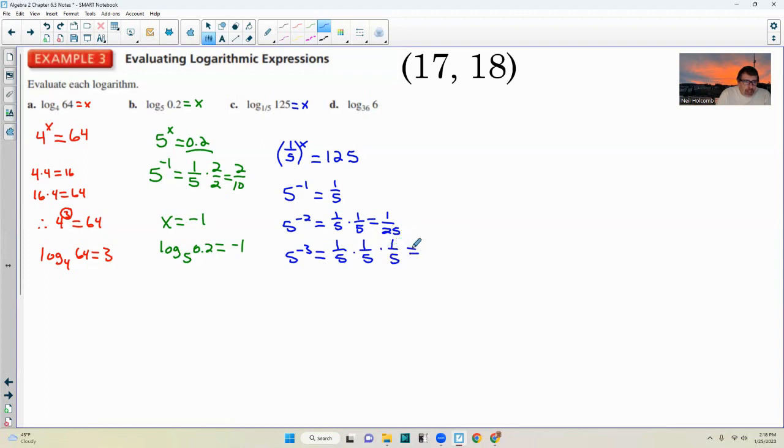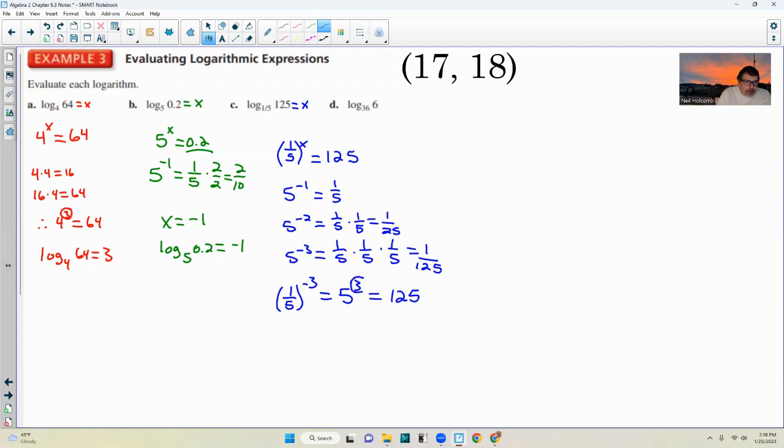And 1 times 1 times 1 is 1. And 5 times 5 is 25 times 5 is 125. And we got our number there. So 5 to the -3 is 1 over 125. So therefore 1 over 5 to the power of -3 equals 5 cubed, which is 125.